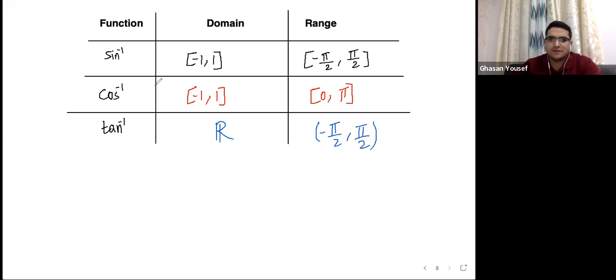So the example comes like this. Look, example. The question is, evaluate the inverse trigonometric functions.